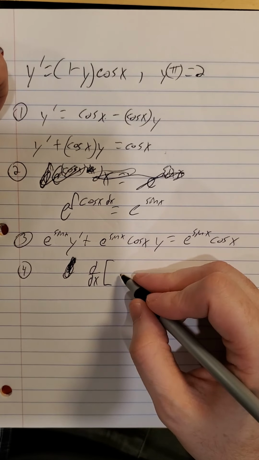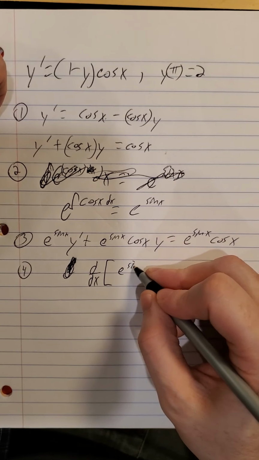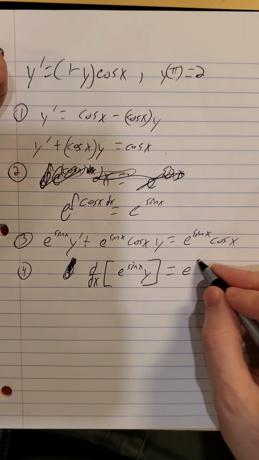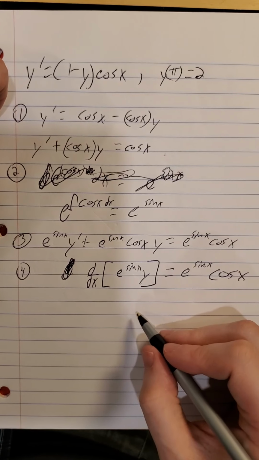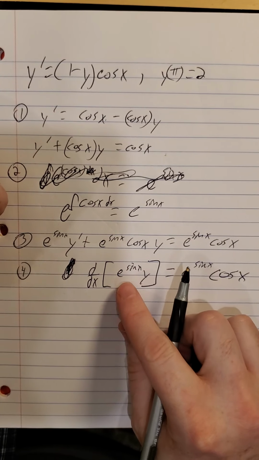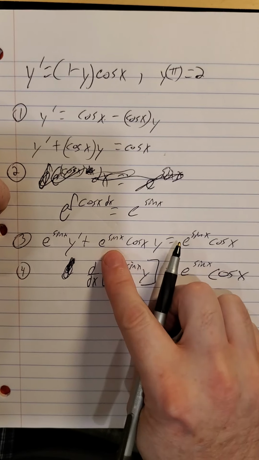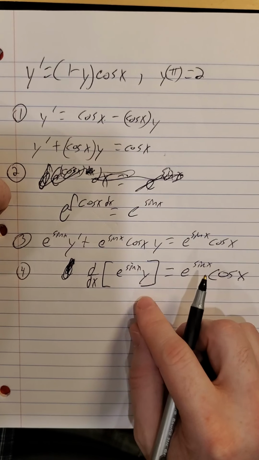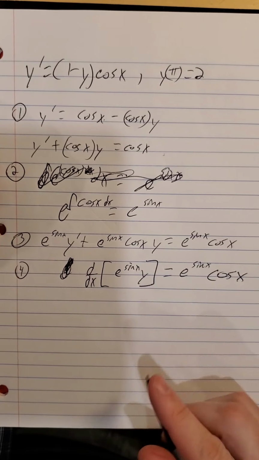So this is the derivative of e to the sine x times y on the left, and on the right we have just e to the sine x times cosine of x. So the derivative of e to the sine x is e to the sine x times the derivative of sine x, which is cosine x, and we would keep the y. Then we would keep that, differentiate y, which would be y prime.